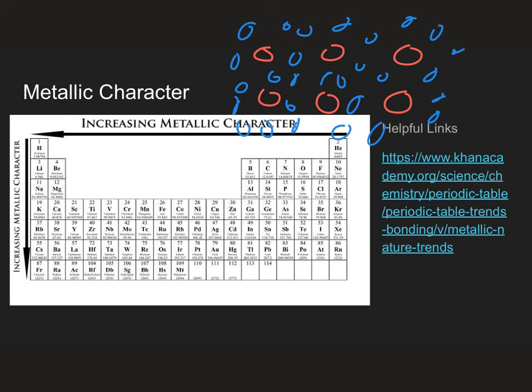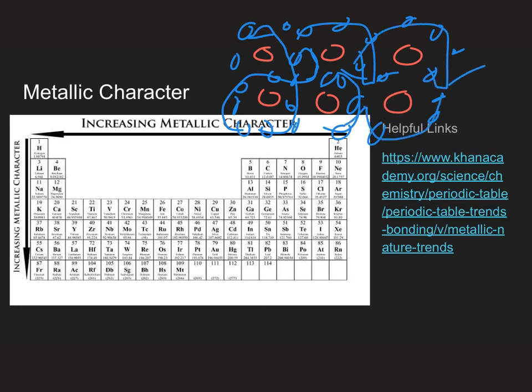But if you're talking about a true metal, you're talking about a free flow, or an electron sea, as they often call it. And so they don't have to really be owned by one nucleus. Which is what makes them conduct electricity, which makes them malleable, which makes them have a number of different characteristics that we associate with metals.